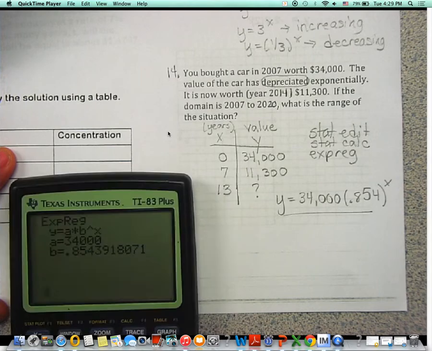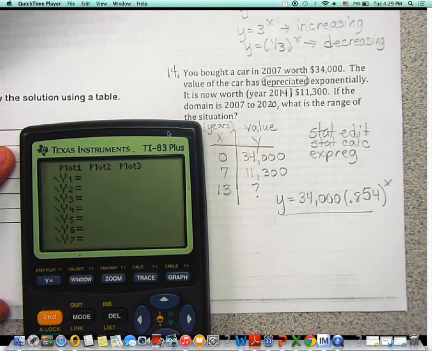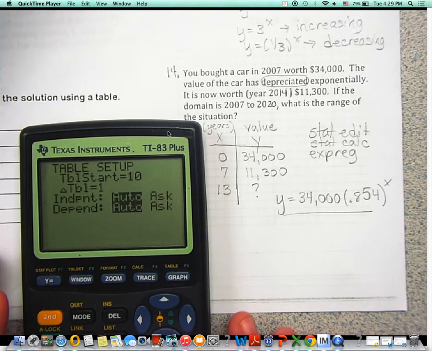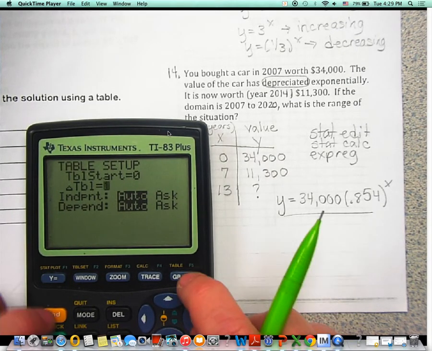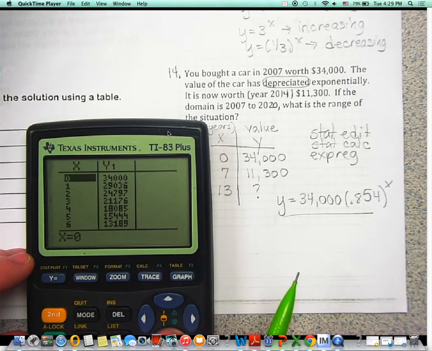So I'm going to go to y equals and clear this out and do 34,000 parentheses 0.854 to the x power. Then I'll go to my table setup, and I'm going to start at 0 and go by ones. Then I'll go to the table. And I've got 34,000 at 0, and I'm going down to 13.